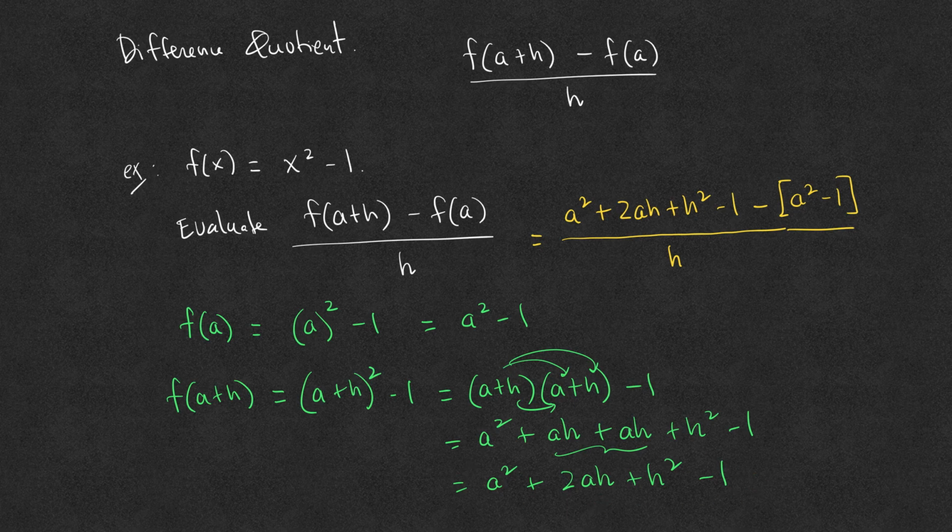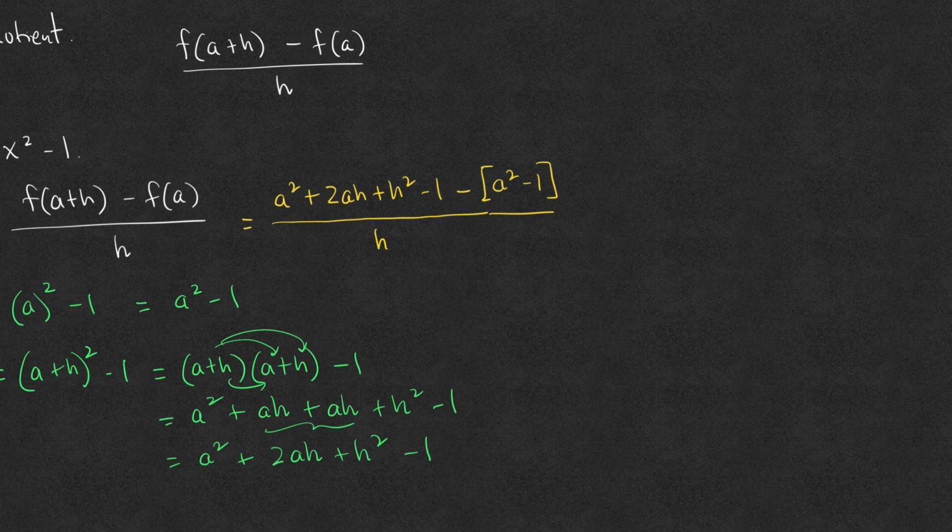Everything is the same, h in the denominator, minus sign, but again, with the bracket around the expression for f of a, because we don't want to just simply subtract a squared, we want to subtract the entire x squared minus 1, or a squared minus 1 in this case.